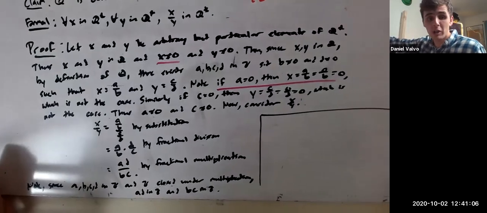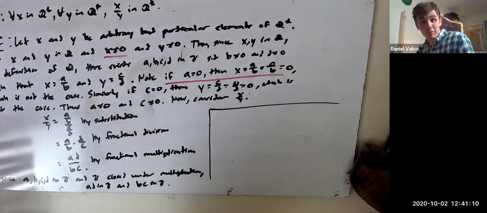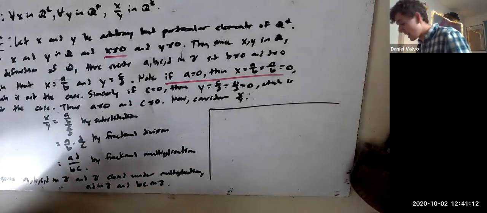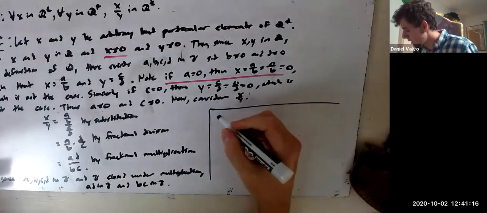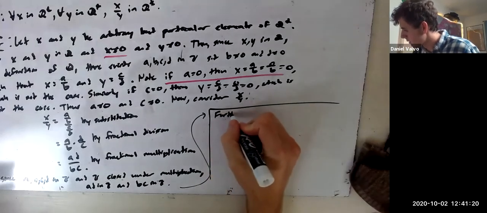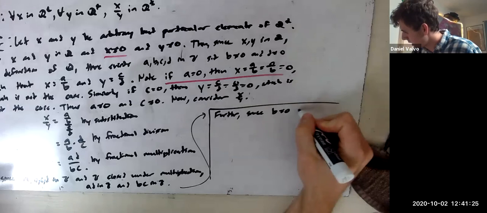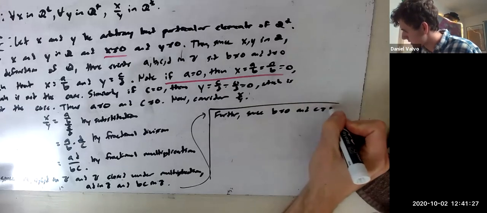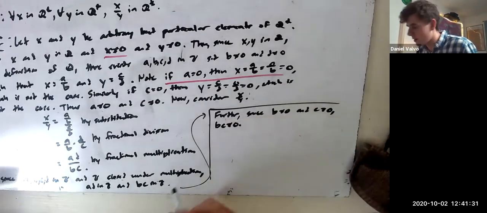So to be a rational number, all you have to prove is that the denominator BC is non-zero. Because then we get undefined, that's no good. So this is going to go up here. Further, since B does not equal 0 and C does not equal 0, BC does not equal 0.